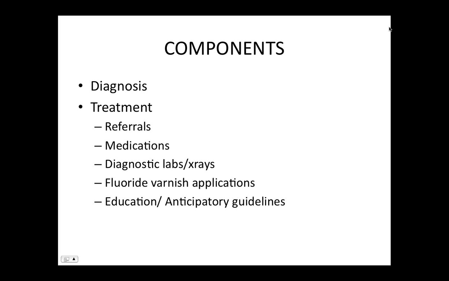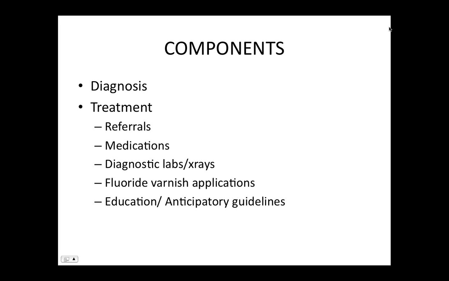And then the last part is treatment. And the treatment may involve things like referrals. If you find an acute problem that you feel needs a specialist to look at, it may be a referral for developmental services. It may be that you're prescribing medications now for some of these acute problems. It may be that you're refilling medications because they initially got the medication from the specialist, but now they're calling down there, they can't get the medication.